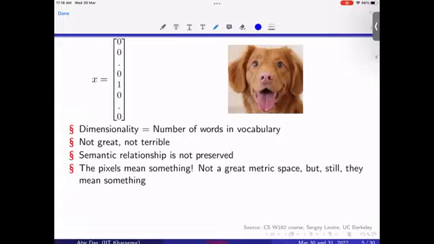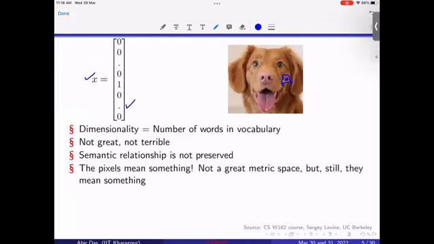Pixels in isolation, if you think of just one pixel, may not mean anything, but pixels in coherence with their neighbors actually mean something. The structure actually imparts meaning to it. So word representations are a little different from image representations.